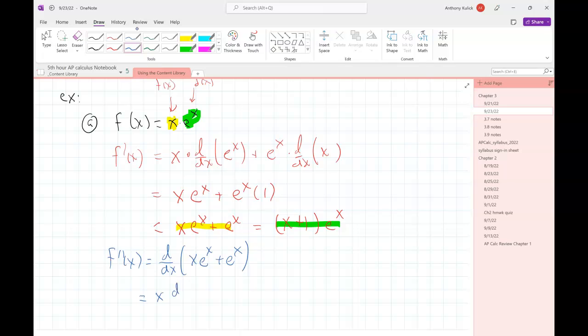So x times the derivative of e to the x plus e to the x times the derivative of x, and then plus the derivative of e to the x. This part is coming from the derivative of that, and this part is coming from the derivative of that.